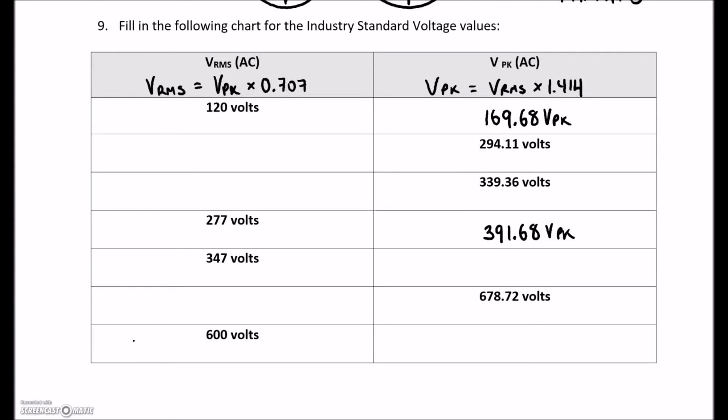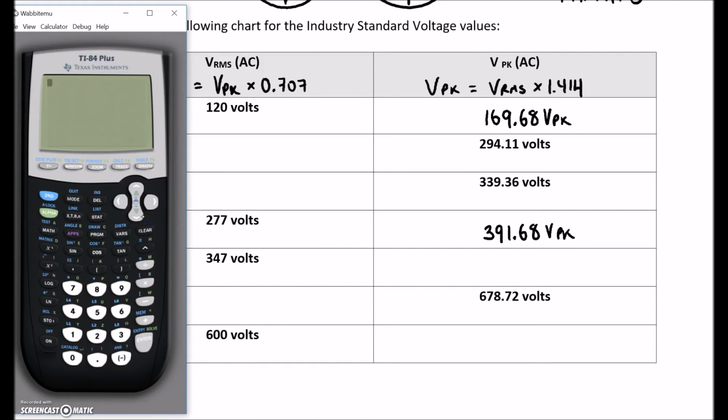So if you had a value that was less than 339, then you know that you've had a fat thumb putting it into the calculator. Okay, let's do 347. We're going to multiply that by 1.414, and that gives us 490.66.